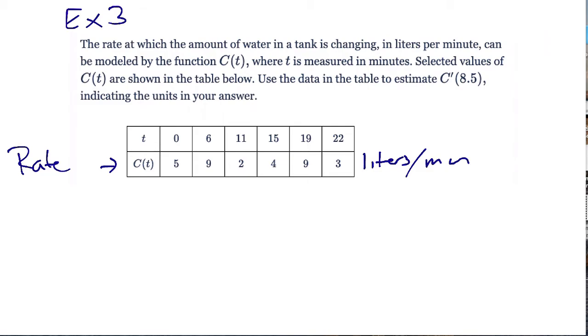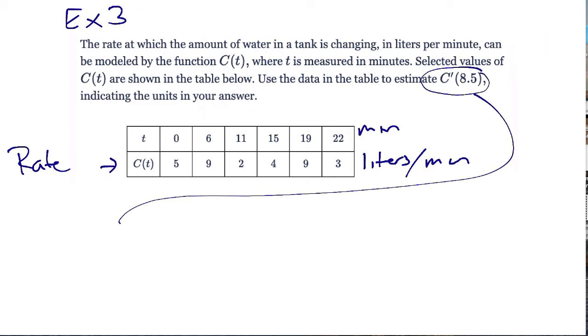Can be modeled by the function C of t, where t is measured in minutes. So this is in minutes. Selected values of C of t are shown in the table above. Use the data in the table to estimate C prime of 8.5, indicating your unit of measure.